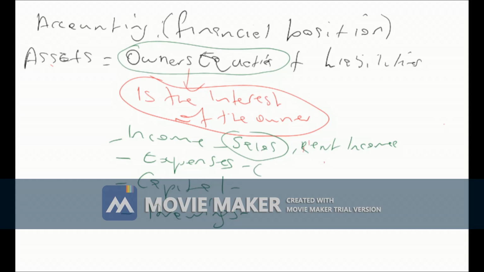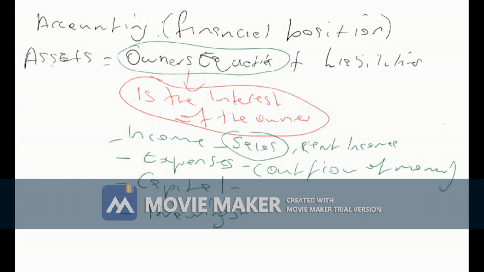Now all expenses cause the outflow of money from the business. So we need to pay for water and electricity, we need to pay for telephone expenses, we need to pay for salaries and wages, we need to pay for cost of sales.